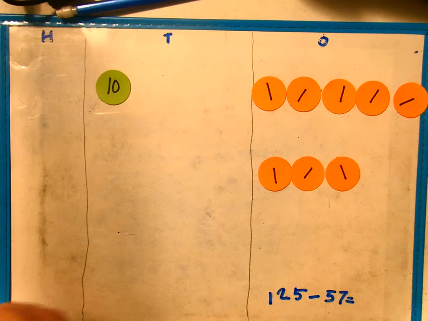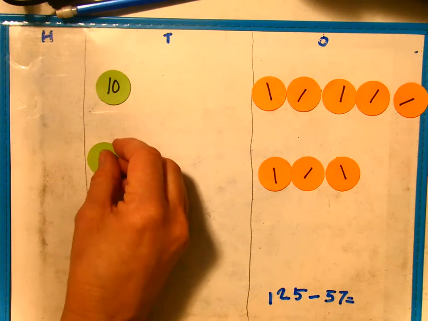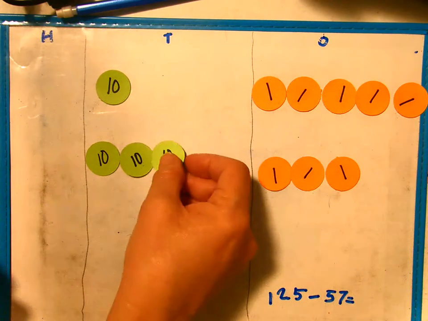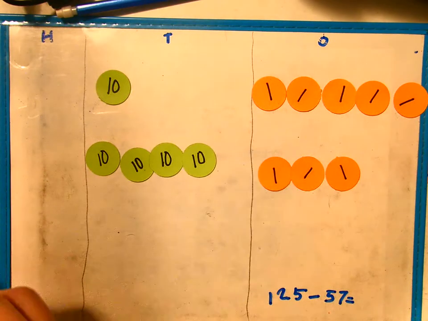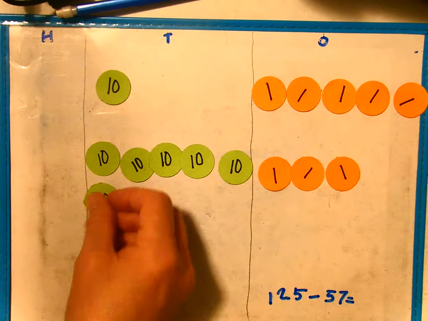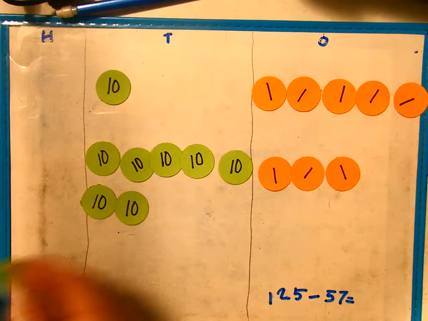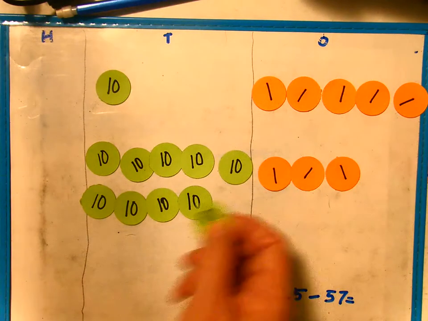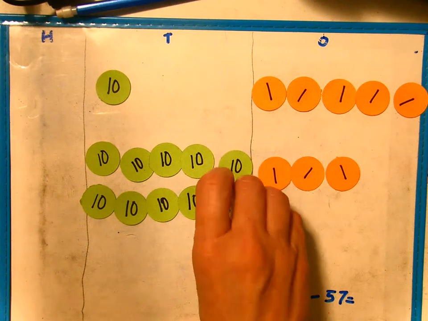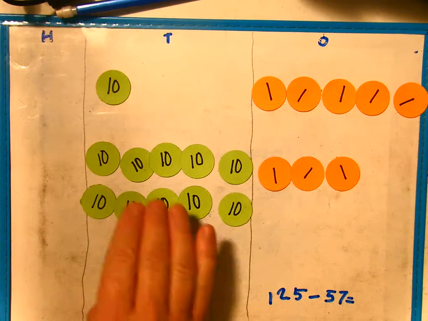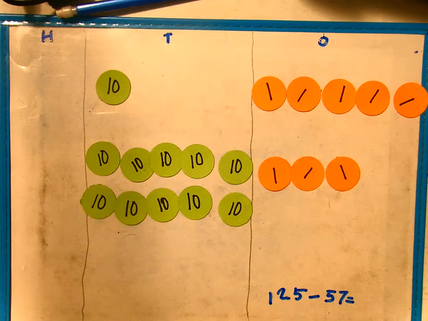How many tens do we need to make 100? 10, 20, 30, 40, 50, 60, 70, 80, 90, 100. So I still have my 100. I've just moved it over to the tens column.